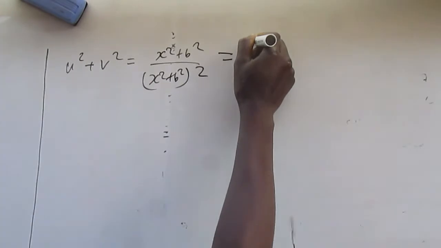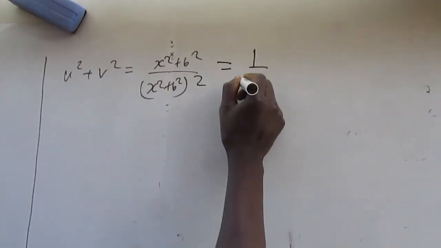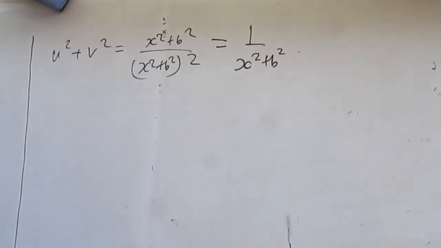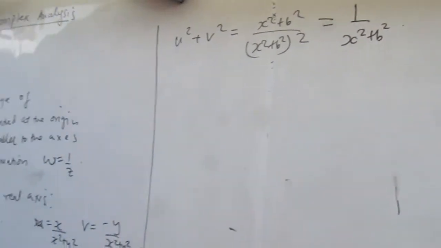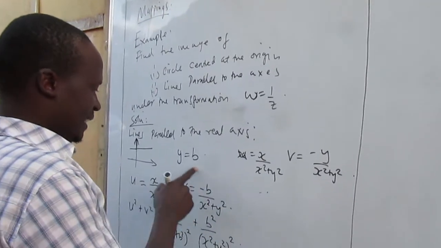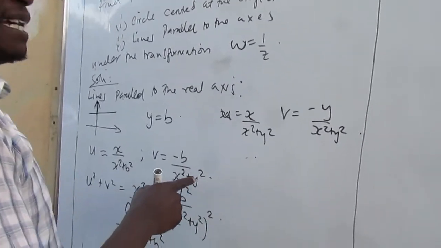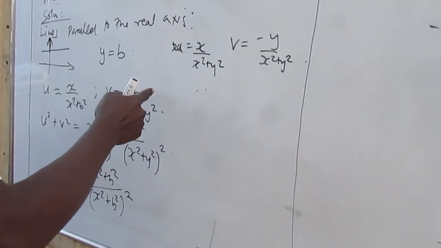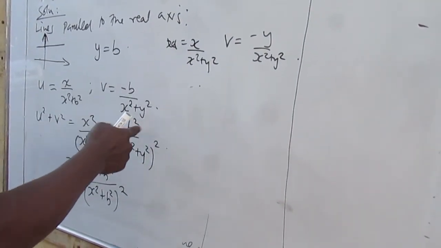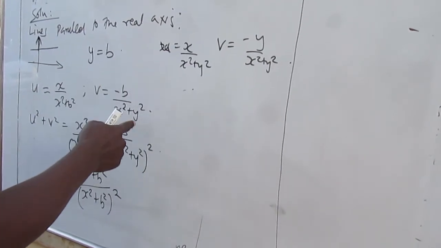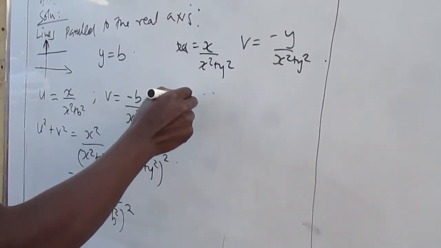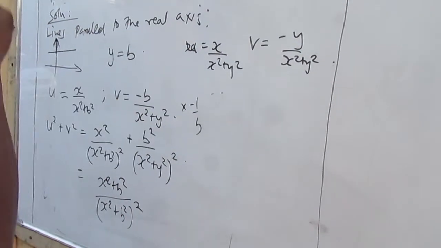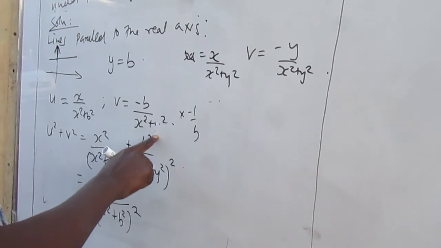Now this can be written as 1 over x squared plus b squared. And so the expression is similar to this, except that if you multiply this by negative 1 over b, then you see we end up with that, sorry, this should be b squared.